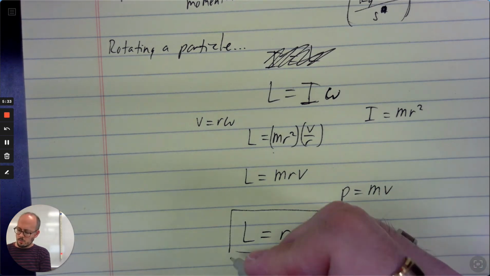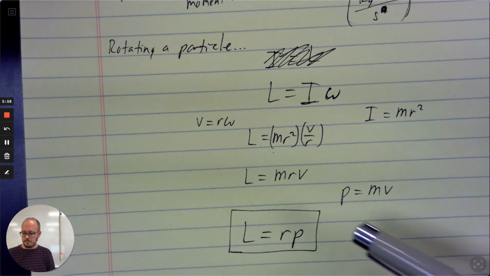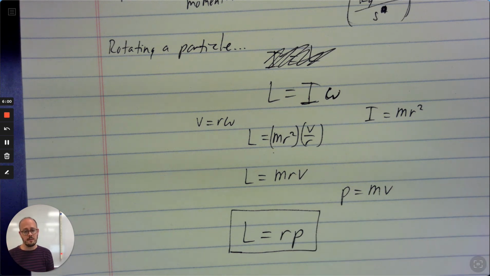And so, there was one problem in the linear momentum unit about someone in a baseball game, and there was a collision between the bat and the ball. Well, as it turns out, particles can also have angular momentum, and so another way to analyze the situation with the baseball is to say, even though the baseball is moving in a straight line, when it collides with the bat, it enters into a rotational system.